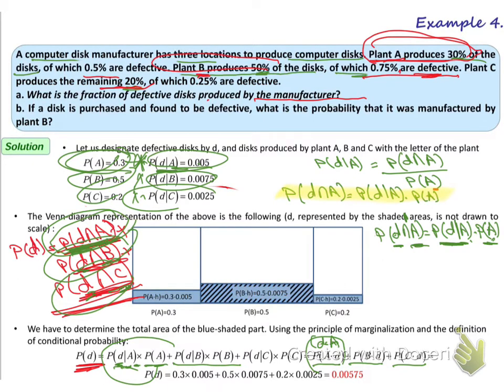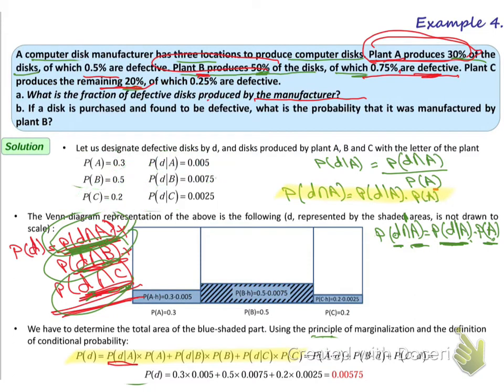From the problem, we already have the probability of the given, so we'll use this one. The probability of D given A is 0.005 times the probability of A, which is 0.3, and so on.